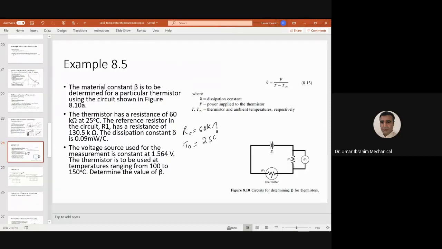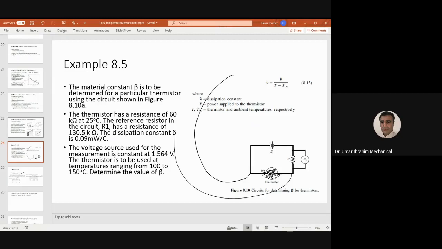Okay, so we are actually doing an experiment. And what we will do is we have this circuit, and this is our RTD. So I'll take the RTD from here and place it in a furnace.